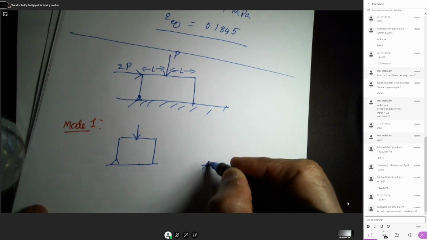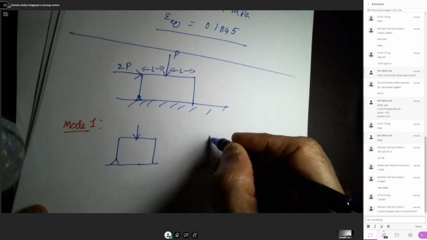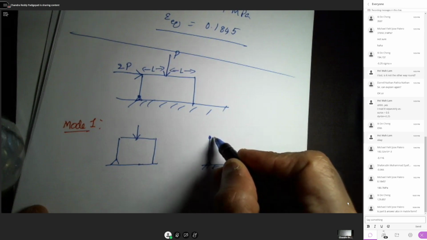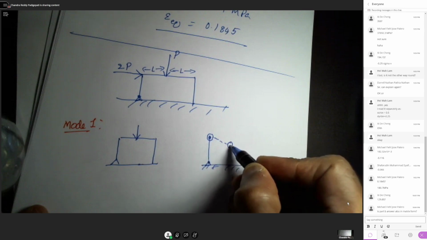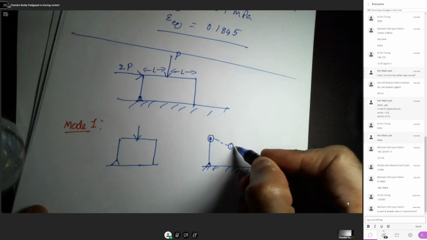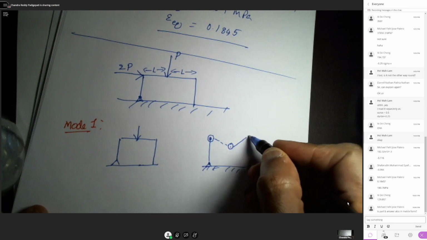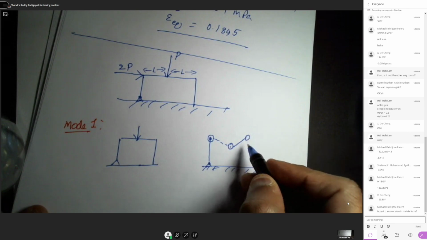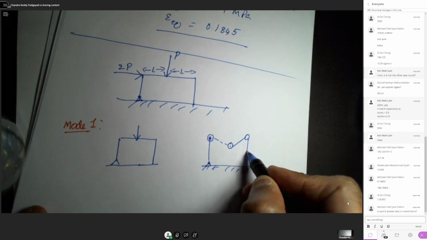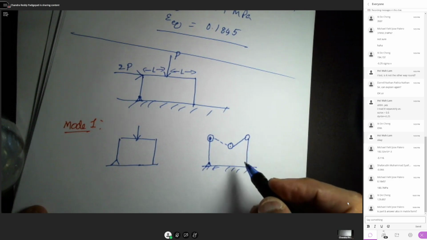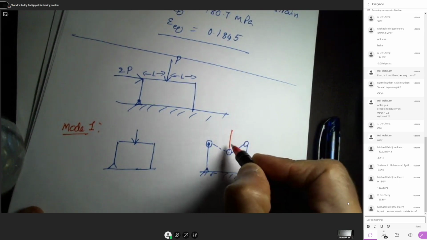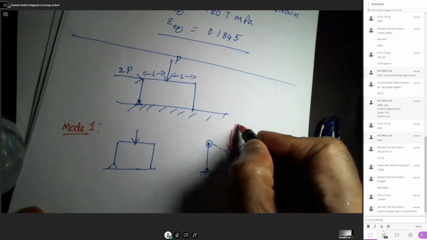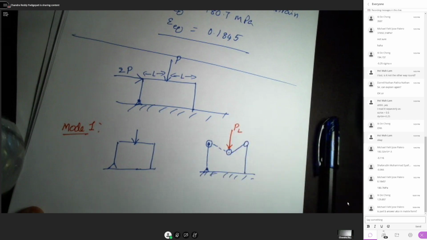But there will be a plastic hinge here, so the beam will bend. Since there will be a plastic hinge here, we write the load as the plastic load.